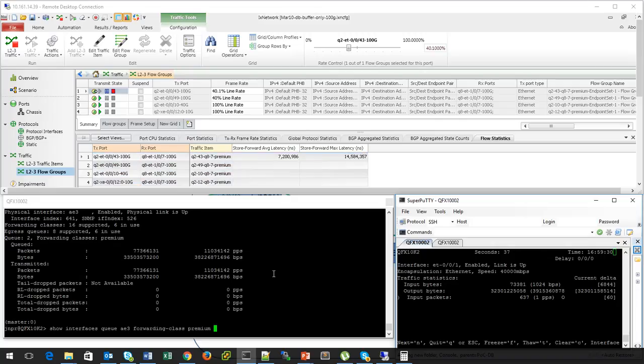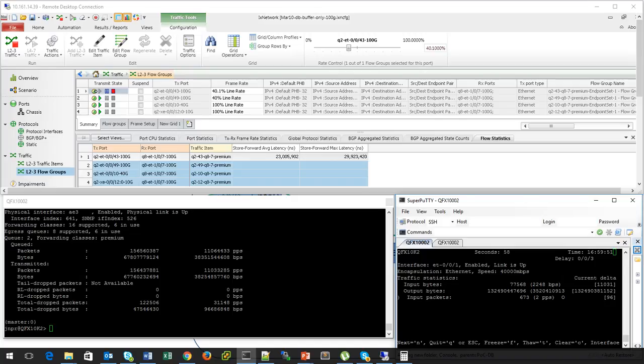So let's see, latency is already creeping up. And at some point, I should see drops. And sure enough, I can see drops, and I see that this number basically stopped at 29.9 milliseconds.